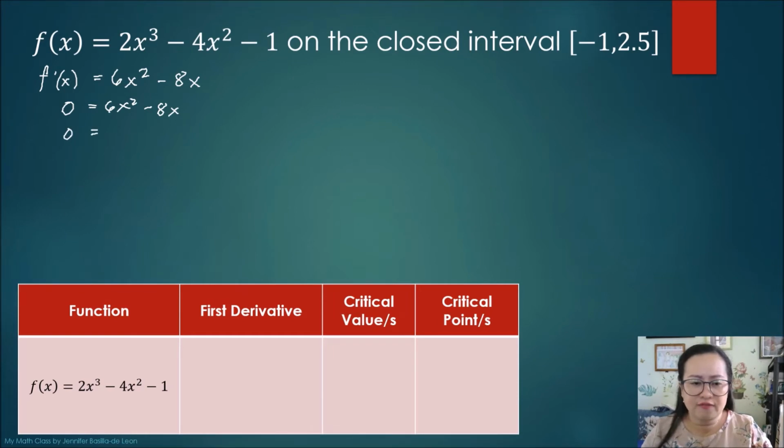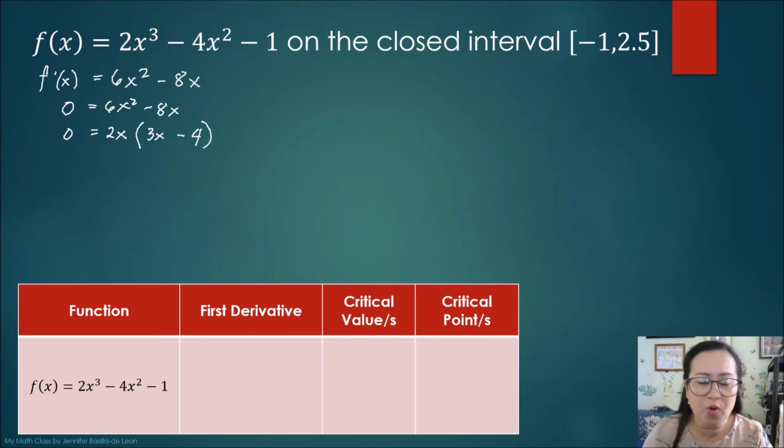Now let's factor this. We will have the greatest common factor, which is 2x, and then this will be 3x minus 4. And then using the zero product property, we can equate each factor to 0, since when you multiply these two, the result is 0.